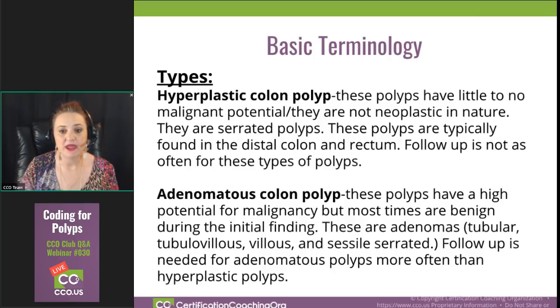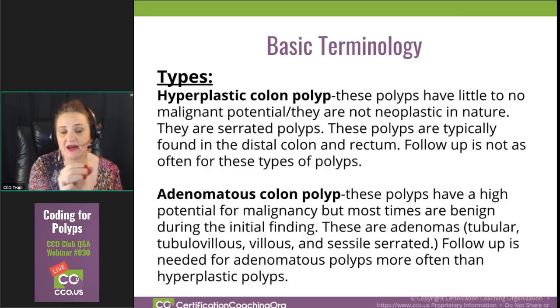Okay, now they can be benign. They can go in, they can snare them, take them, do the testing, and look at it, and they say, yeah, this is benign. But this particular type, if not removed, can turn into cancerous. Okay, benign and then go into malignant.